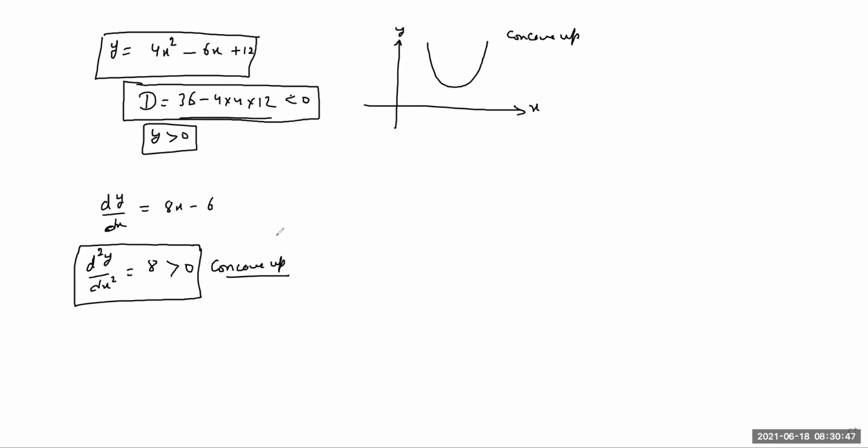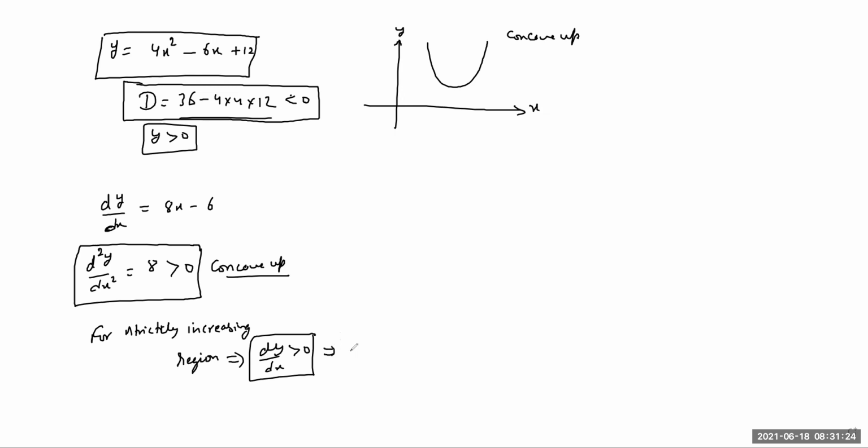Now, the second thing is when the graph is increasing. For a strictly increasing region, dy by dx must be positive, because if the graph is increasing, the slope will remain positive all the time.